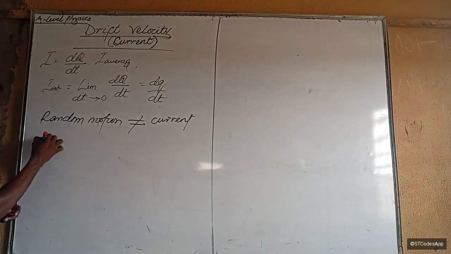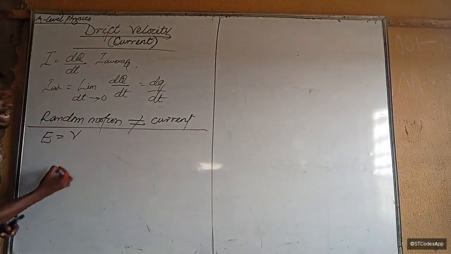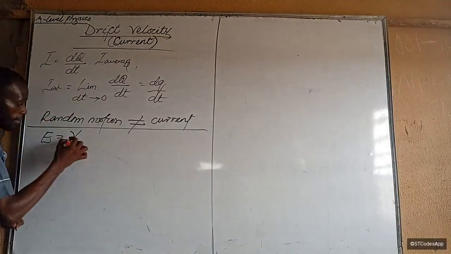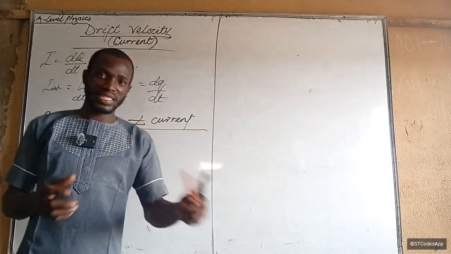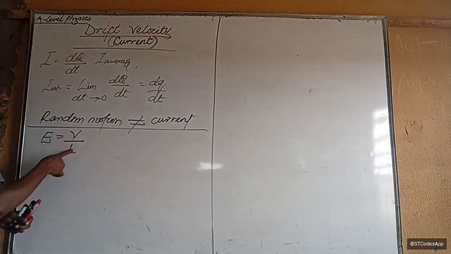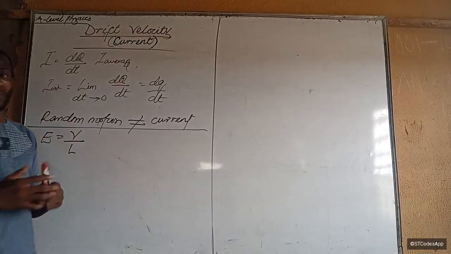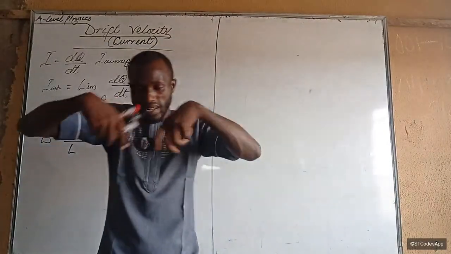First, keep in mind that the electric field is given by the potential difference across the two ends per unit length of the metallic conductor. I'll take that again: the electric field is going to be V over d, or V over L. I'm using L specifically because it is within a metallic conductor.